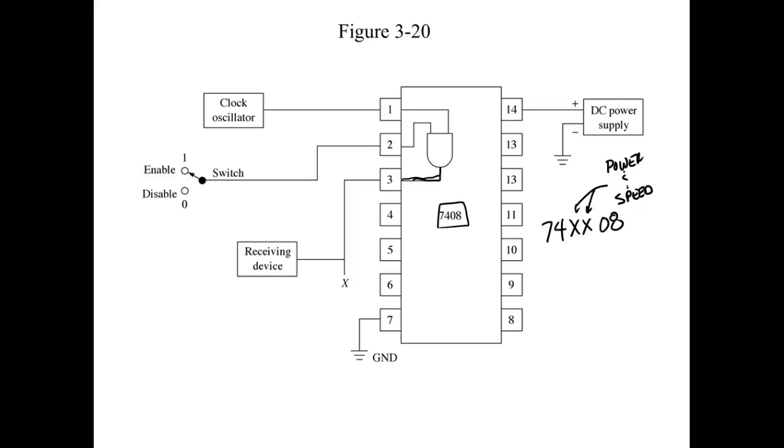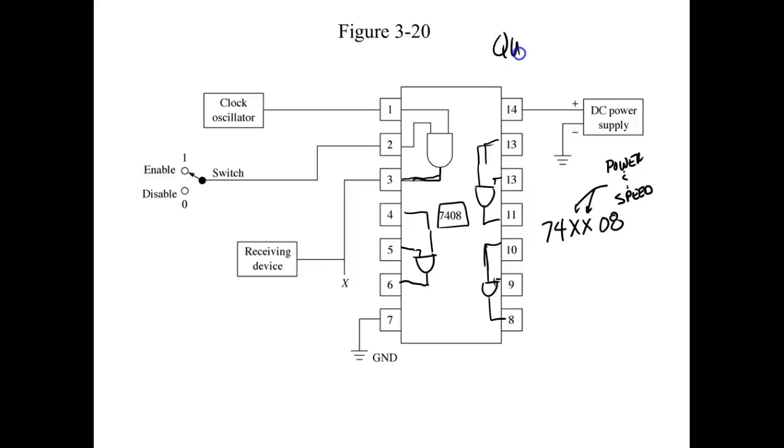So this is a 7408, and so how many gates would be in here? It'd be 4, and I'm pretty sure if you got the 7408, they're positioned like this. Wait a minute.